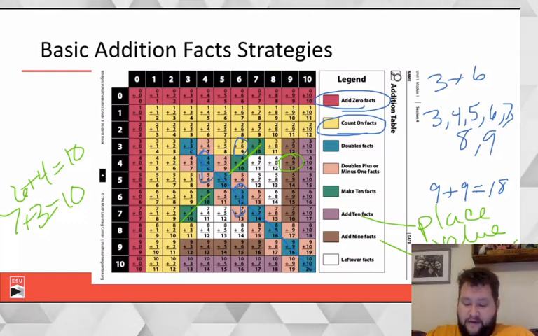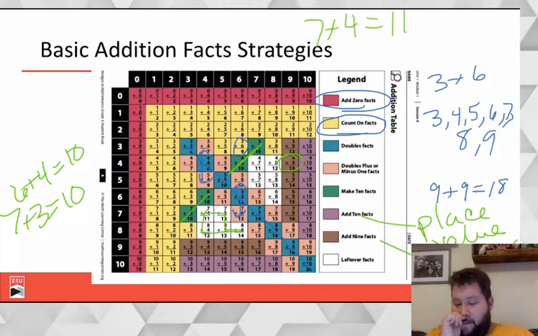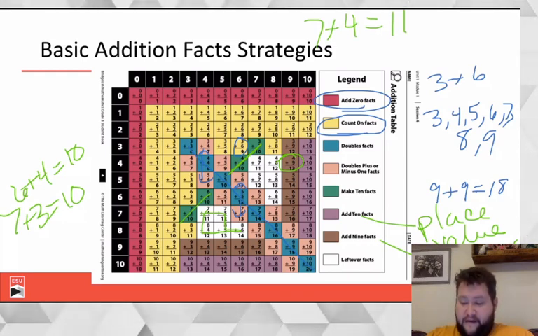And then there are just some leftovers. We have, say, 7 plus 4 equals 11. And you know what? I would say 7 plus 4 equals 11, you could even start to think about as your make tens facts plus 1. And so that'll account for at least 2 of them.